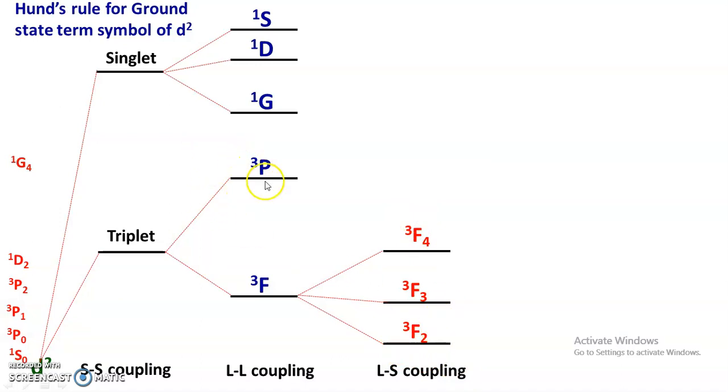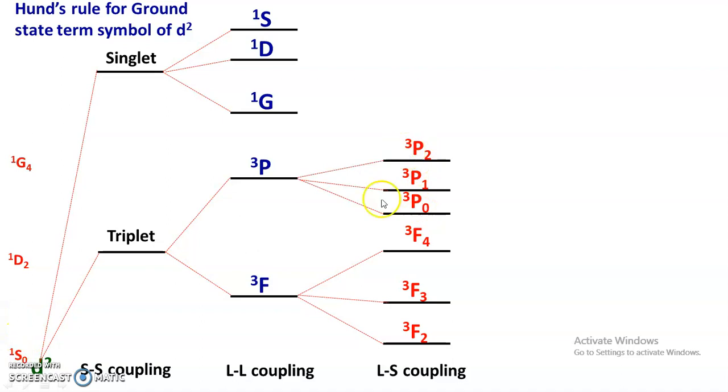Now for the 3P term, again there are three possible term symbols, 3P2, 3P1 and 3P0, and as per Hund's rule, 3P0 will have the lowest energy. This is about the splitting of the 3P term into three term symbols, 3P0, 3P1 and 3P2.